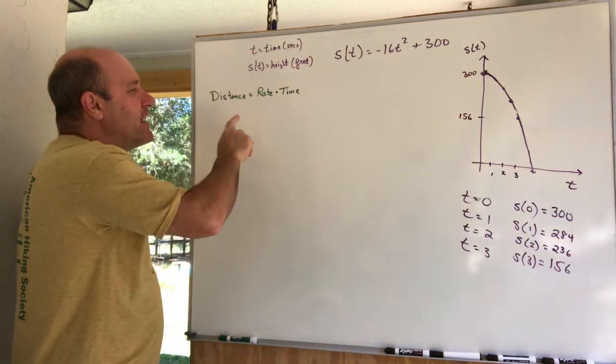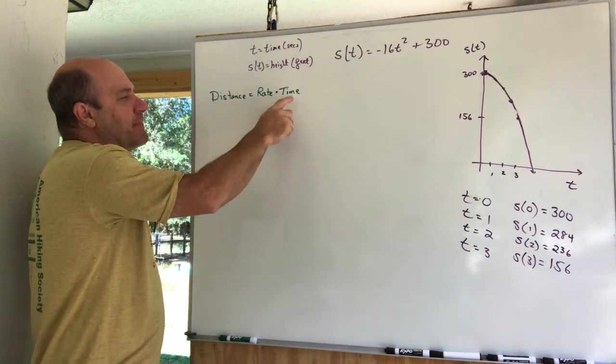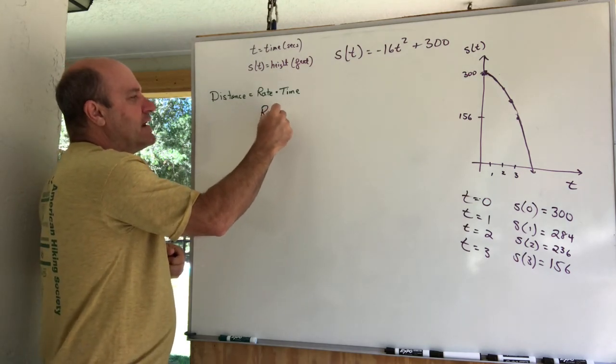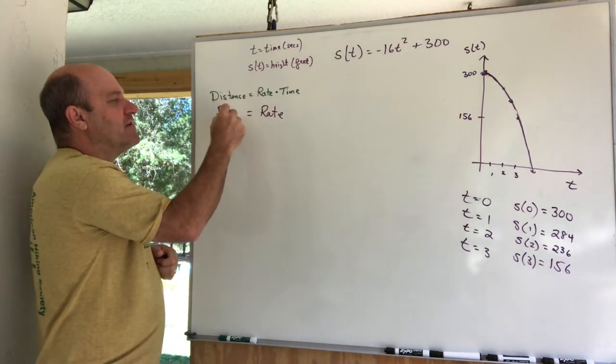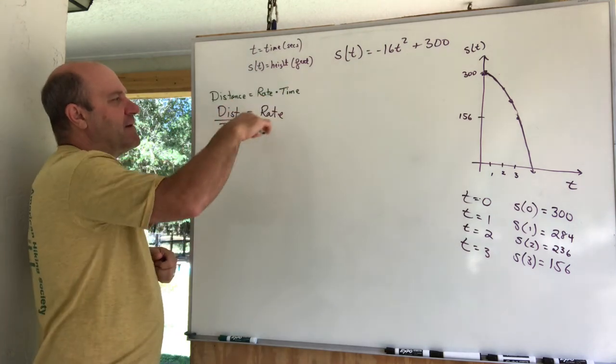Anyway, there's this old pre-calculus idea, distance equals rate times time. If I want to solve for the rate, it would be the distance over the time.